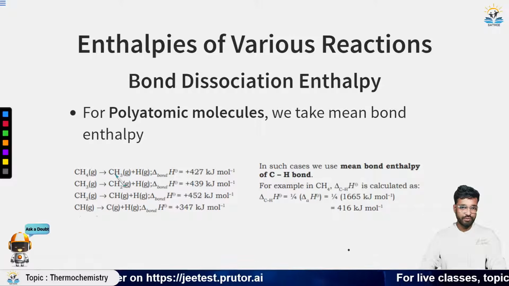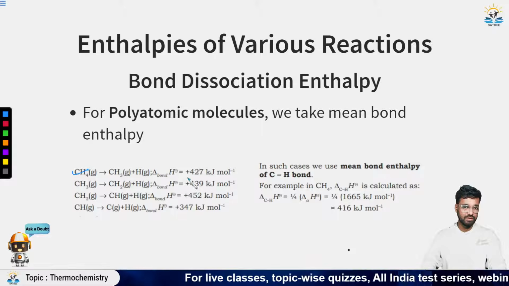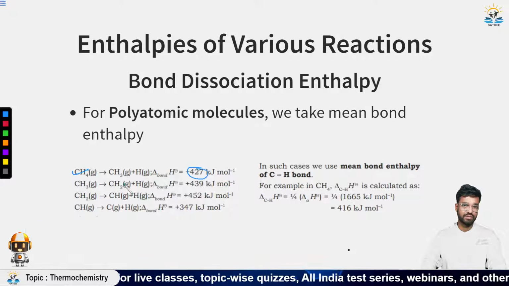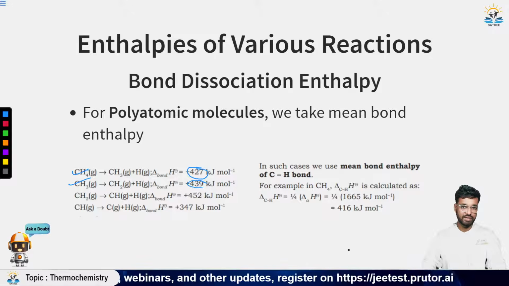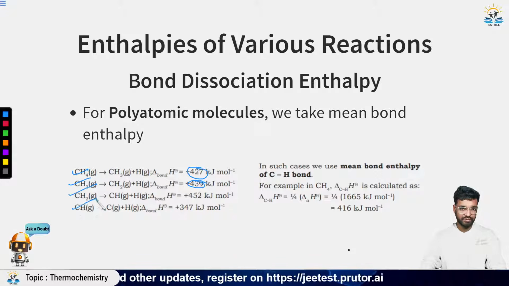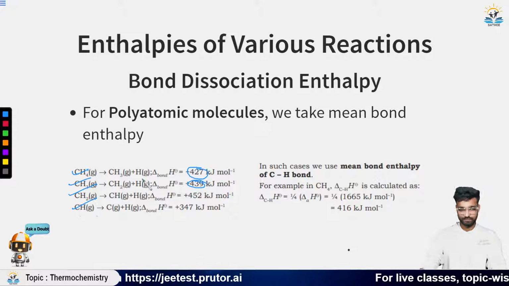So we are doing it in four steps. CH4 goes to CH3 plus 1 H given out, that is, one C-H bond is broken, and this much amount of energy is released. Then again we have the CH3 molecule. This again has one hydrogen, it is broken in the second step, and this much energy is released for this one, and so on until it is completely broken.